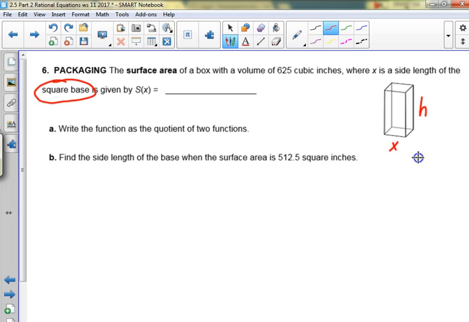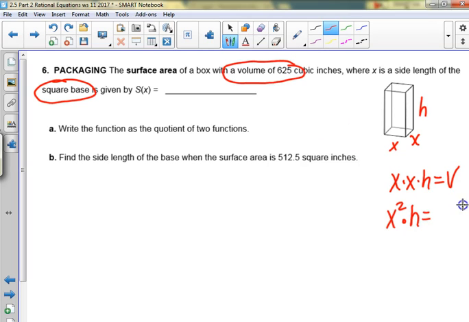If this were the height, can you write me an expression for the volume? Okay, length times width on the base are both what? Yes. So you're telling me x times x times h would give you the volume, yes? Okay. So x squared times the height equals, did they tell us the volume? So I don't want an h anymore.